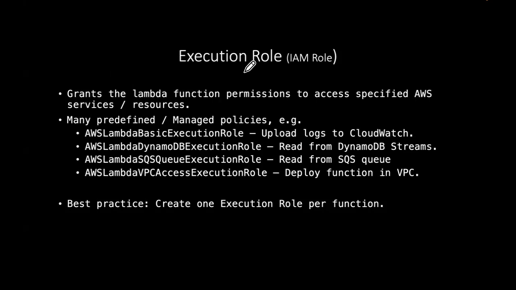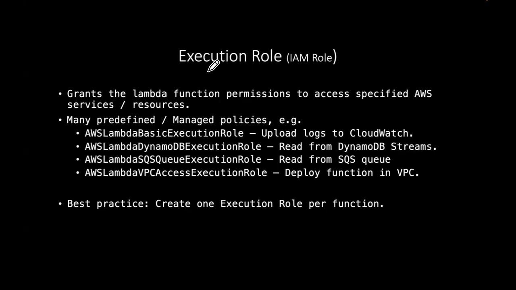So this is different now to the integration stuff that I've just been talking about. The integration models are all about what other services can trigger the execution of your Lambda function. Here, though, what I'm talking about is what other services your Lambda function can communicate with.